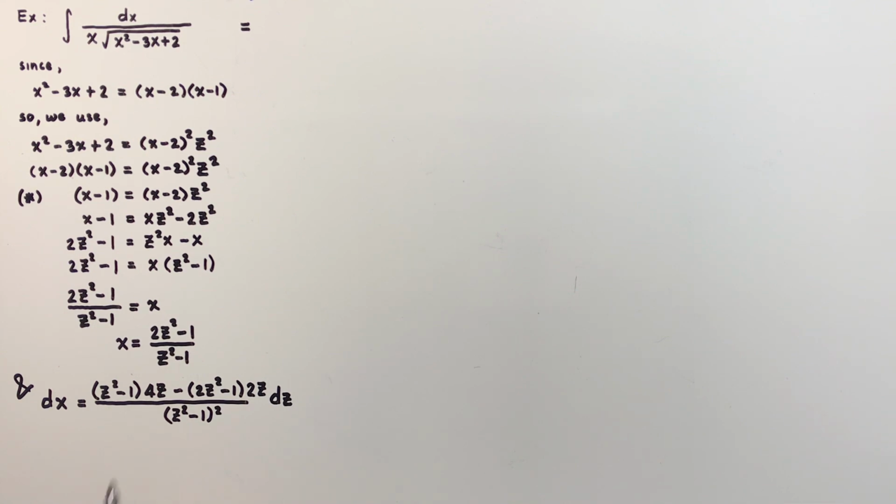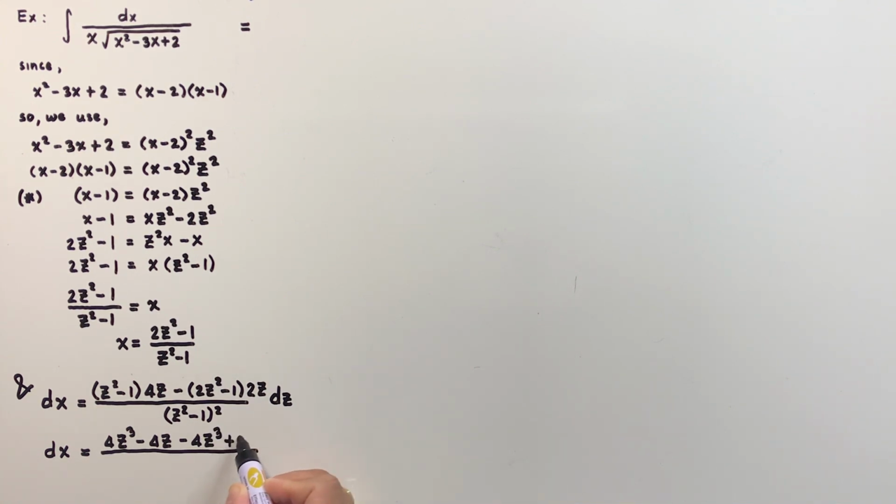So distributing this 4z to this binomial as well as this 2z to this binomial, we have dx, which is equal to the quotient of 4z times z squared, which is 4z cubed. And this is subtracted by 4z. And also this 2z times this negative 2z squared is equal to minus 4z cubed.